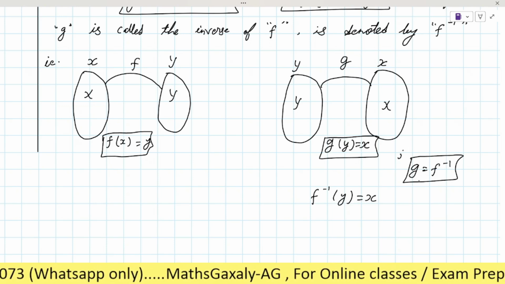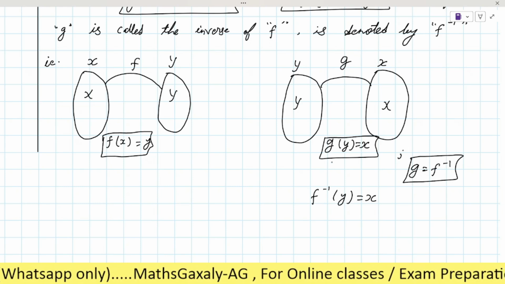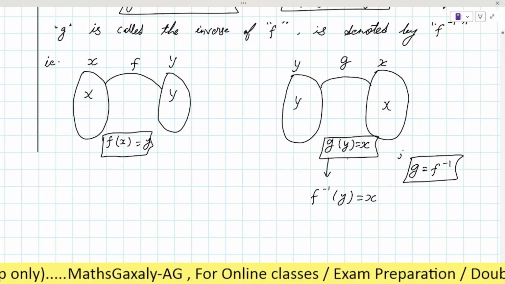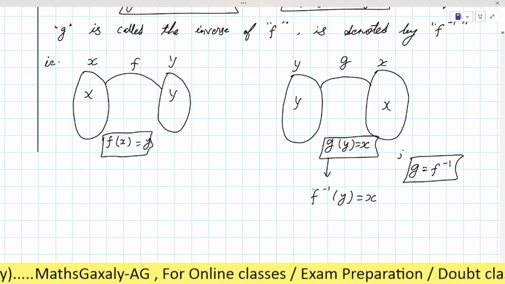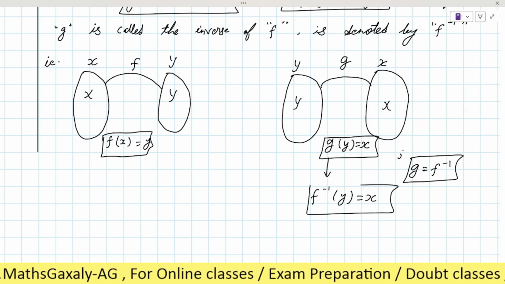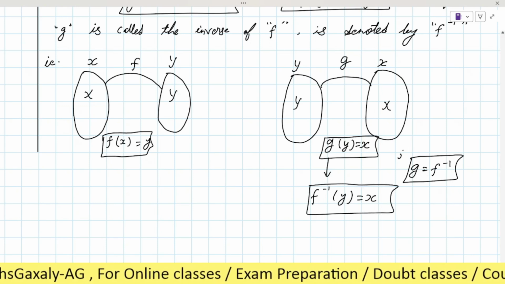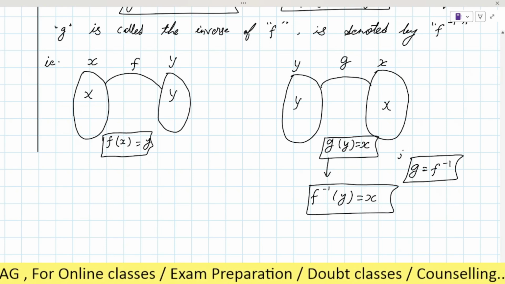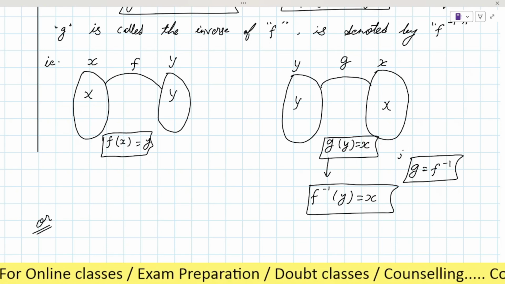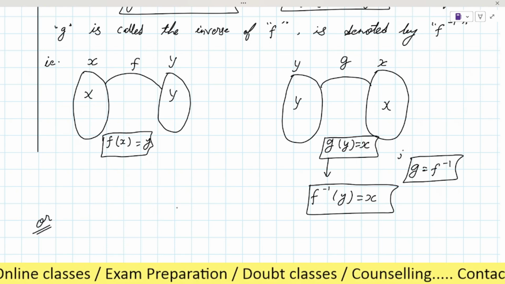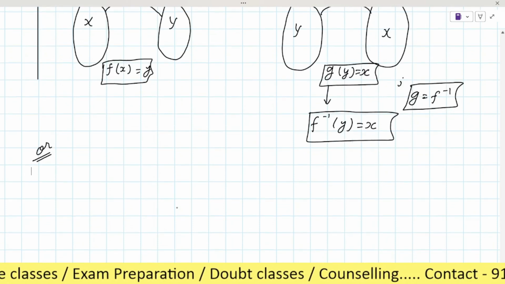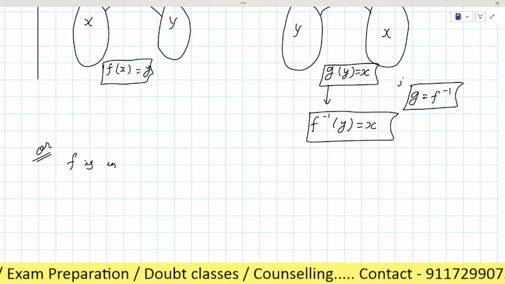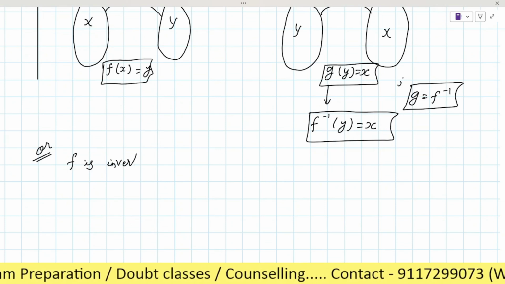In the place of g I have written f inverse, with y as it is and x as it is. So here we get f inverse of y is equal to x. Or we can say that f is invertible, an invertible function.